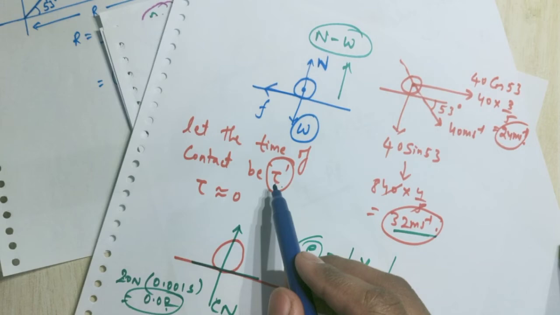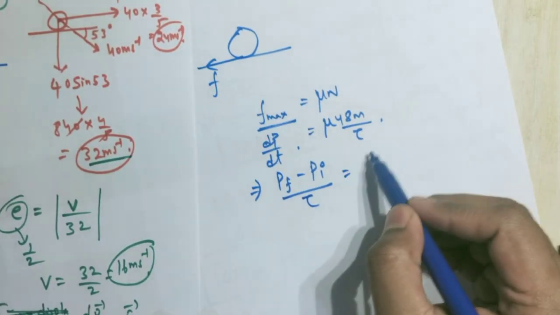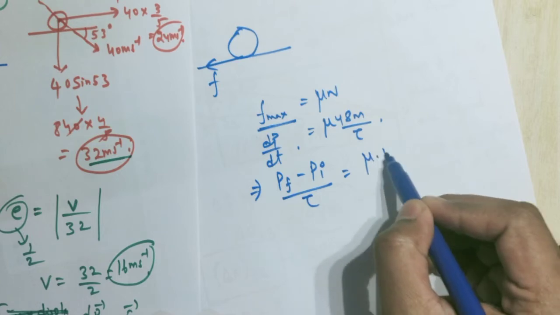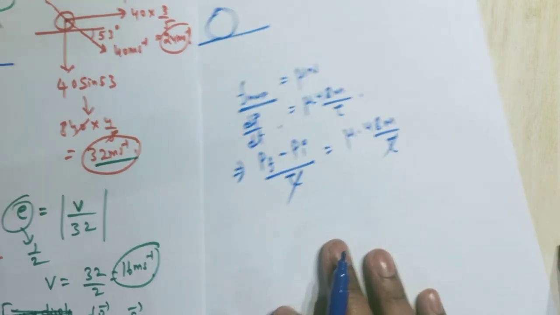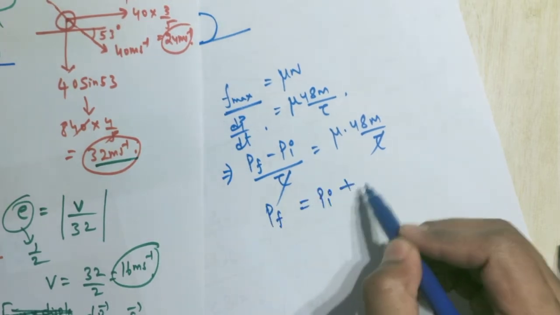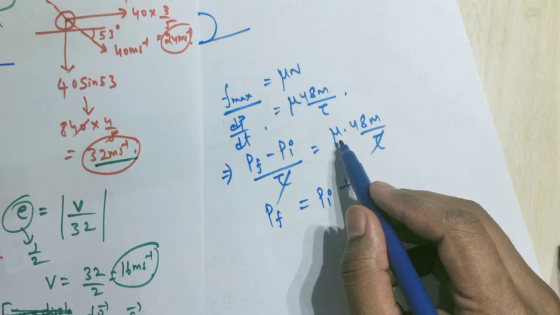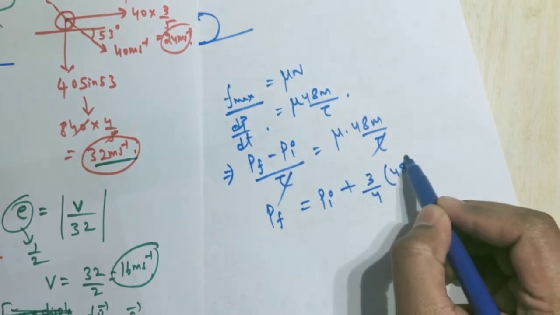We already know that the time of impact is tau. So this is nothing but mu into 48 m divided by tau. Tau gets cancelled. So final momentum will be initial momentum plus the mu value we already know, that is 3 by 4 given in the question, into 48 m.